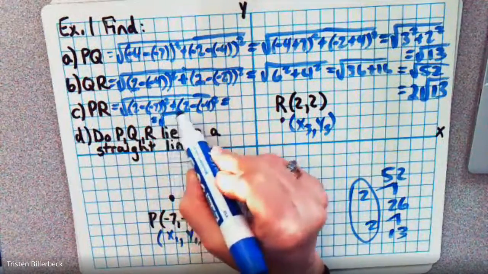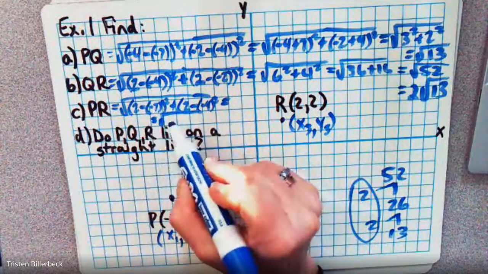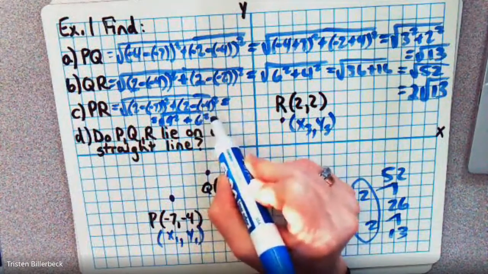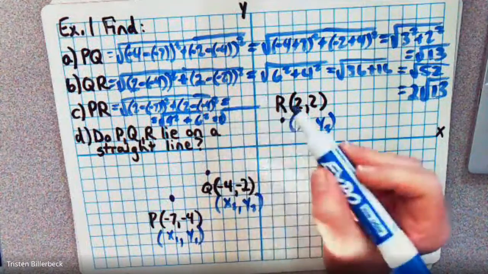Let's see, that becomes a positive, so it's 9 squared plus 6 squared, which is 81 plus 36.